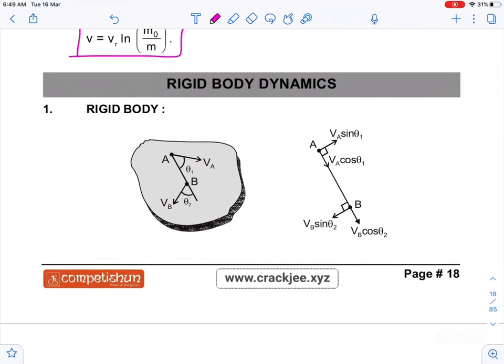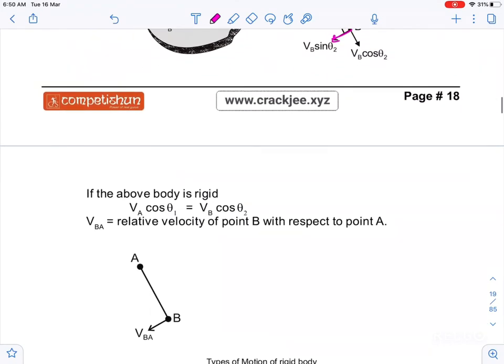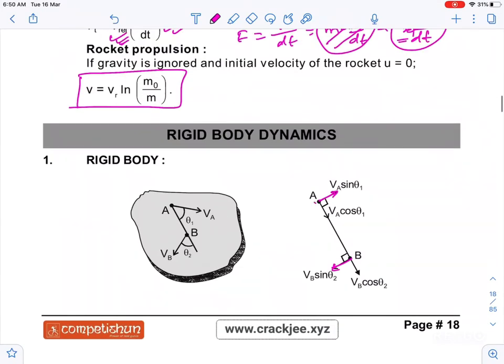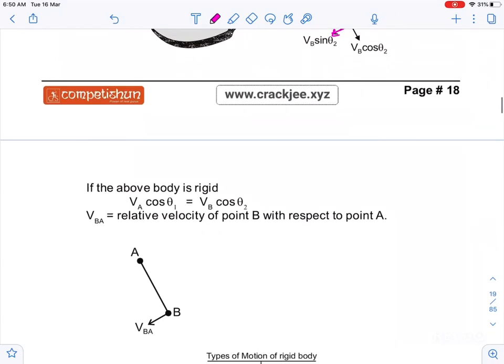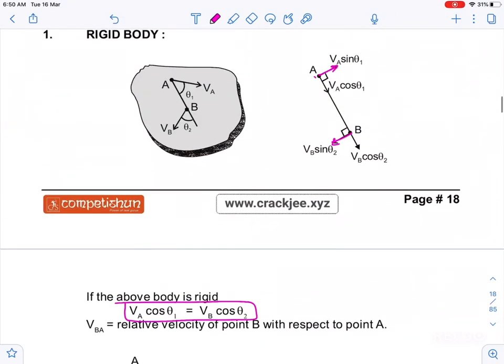Now this is rigid body dynamics, very important. Omega you have to calculate in this case, so you have to take the velocity perpendicular component, meaning va sin theta 1 minus vb sin theta 2 upon this perpendicular distance. If you are taking the velocity along the rigid body, this will always be constant.